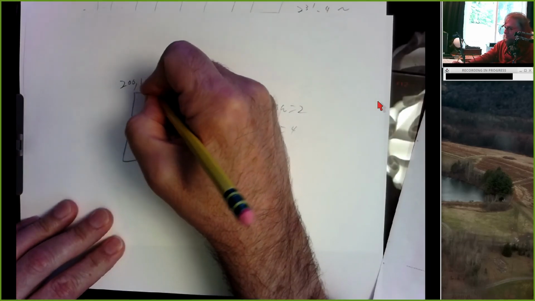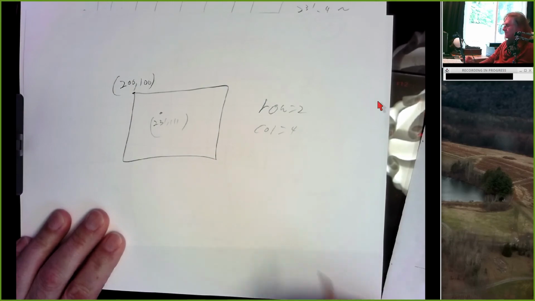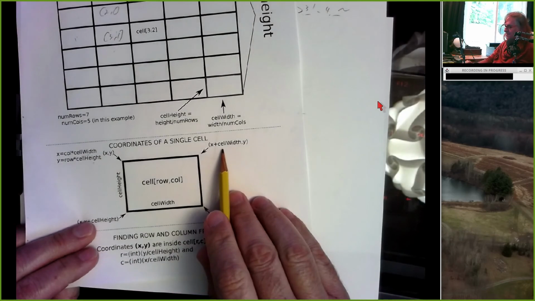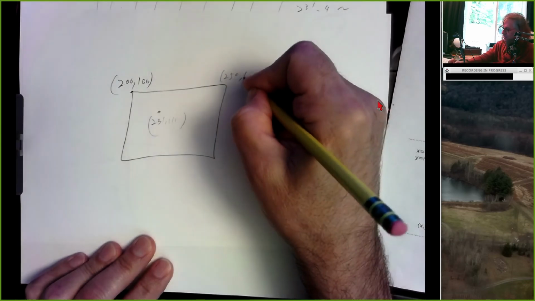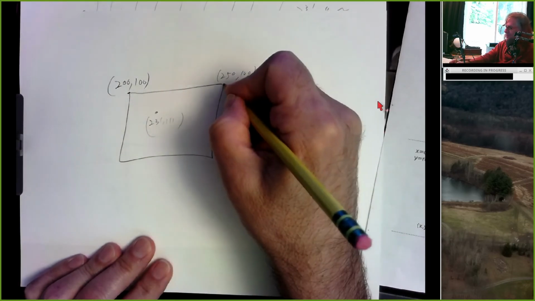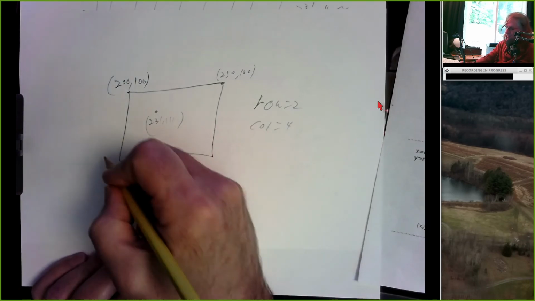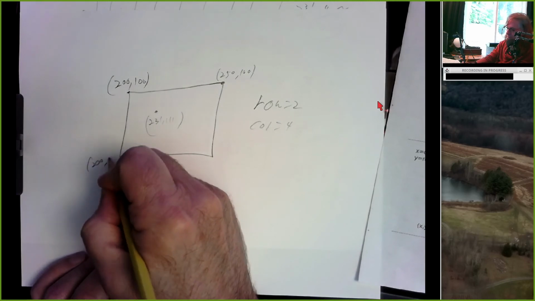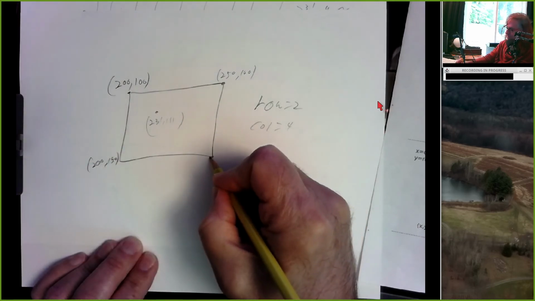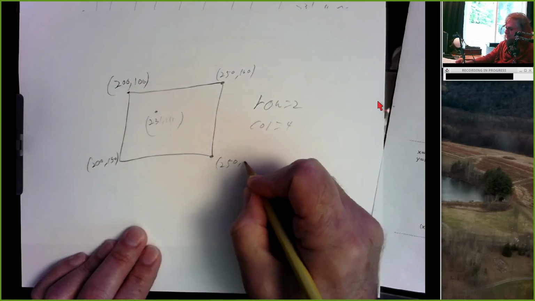Cell height is 50, so Y is going to be 100. So there's the coordinates for the upper left. And then if we add 50 to X, this will give us 250, 100 for the upper right corner. And then the lower left will be 200, 150. And then this corner will add 50 to both, so this will be 250, 150.